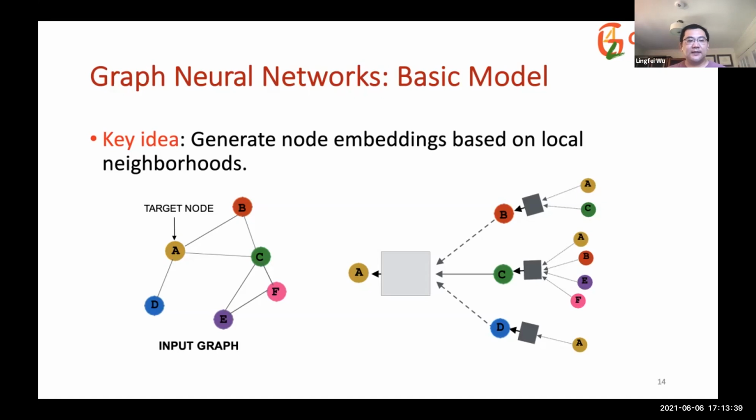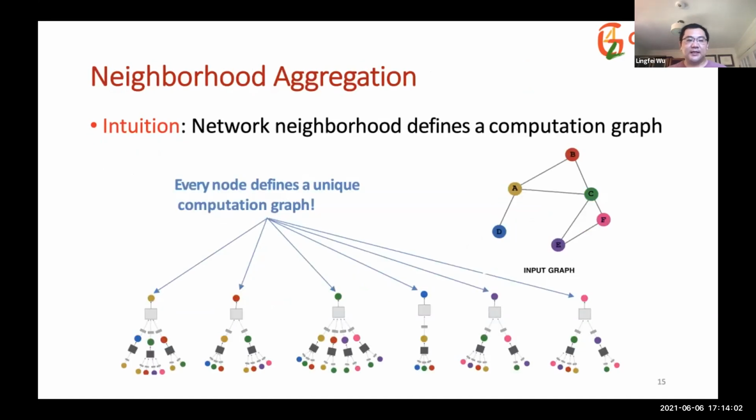In order to learn the node representation for A, we need to learn its context information. So what's the context information in a graph? Essentially, it's its neighborhood. For A, its direct neighborhood will be B, C, D. And for each of the nodes B, C, D, they also have their own direct neighborhood. That's how we formulate this computation graph.